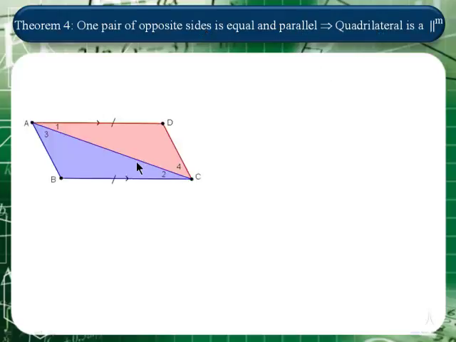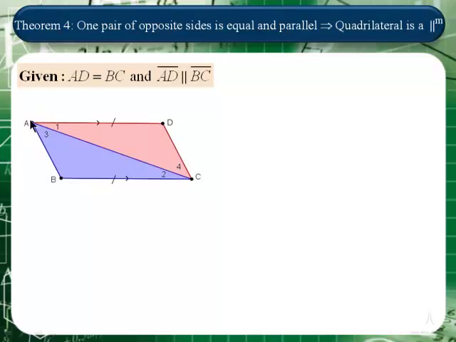In this theorem we would like to prove that if one pair of opposite sides in a quadrilateral is equal and parallel, then the quadrilateral is a parallelogram. So we have the following. We have a quadrilateral ABCD, and we know two things.